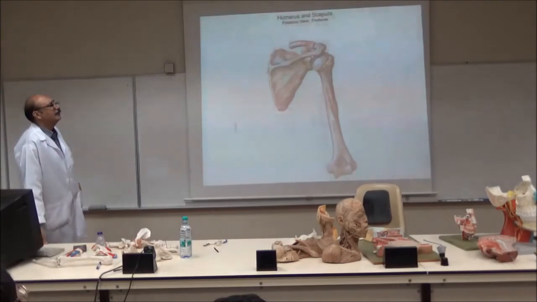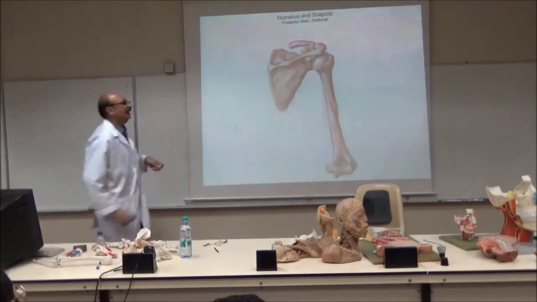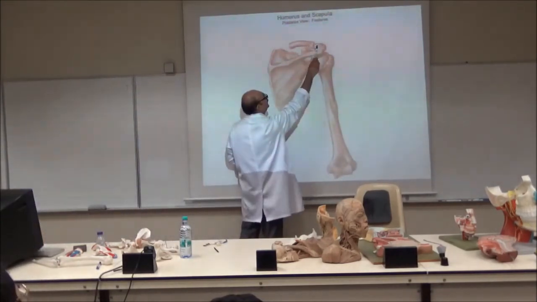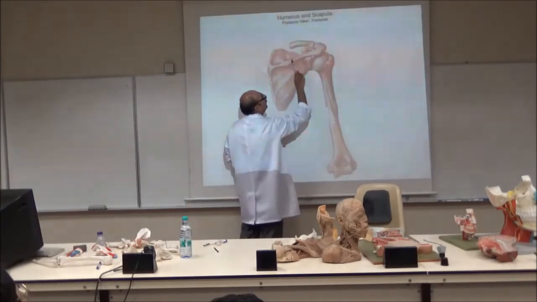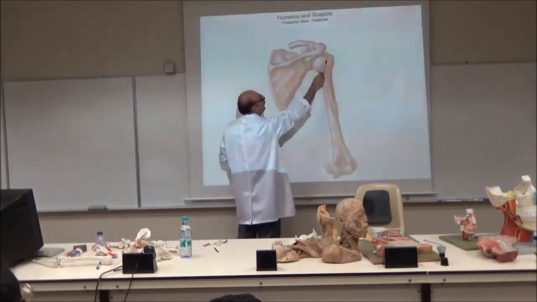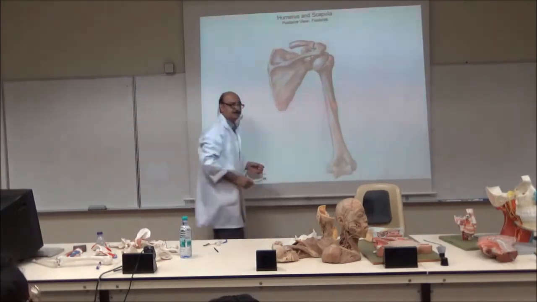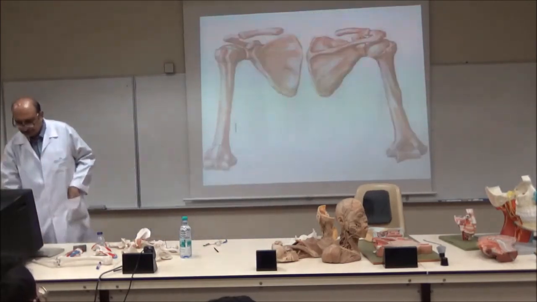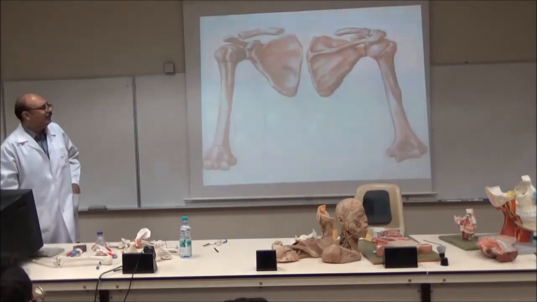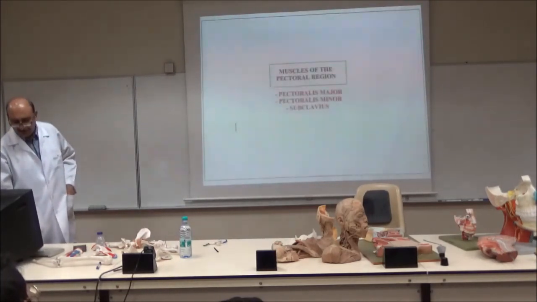This is the posterior view. See the three bones: clavicle, half of it, with the acromioclavicular joint here, spine of the scapula here, shoulder joint with the head of the humerus and glenoid cavity. Both of them together, right and left.